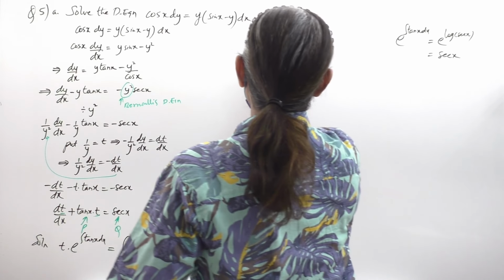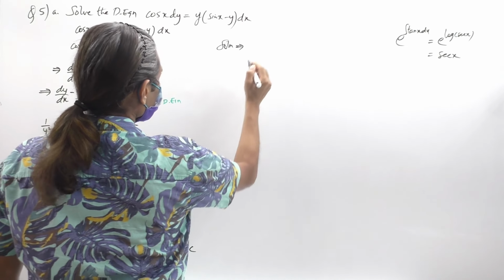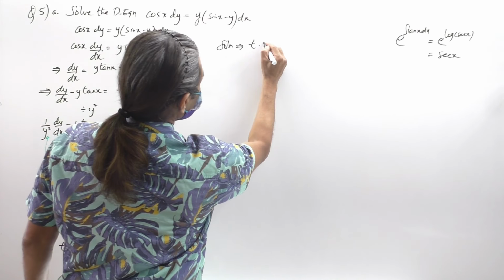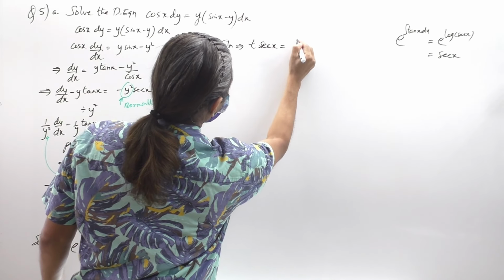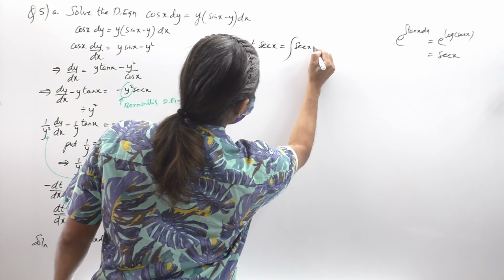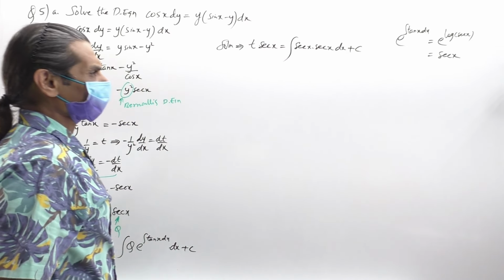Now this value of secant x, I'll put here. Therefore the solution is t into, what's e raised to tan x? It's secant x, is equal to integration of q, which is secant x here, into again secant x dx, plus c. C is a constant of integration.